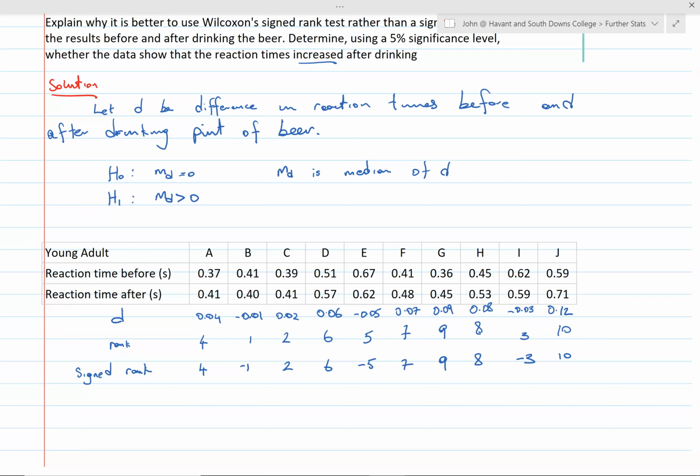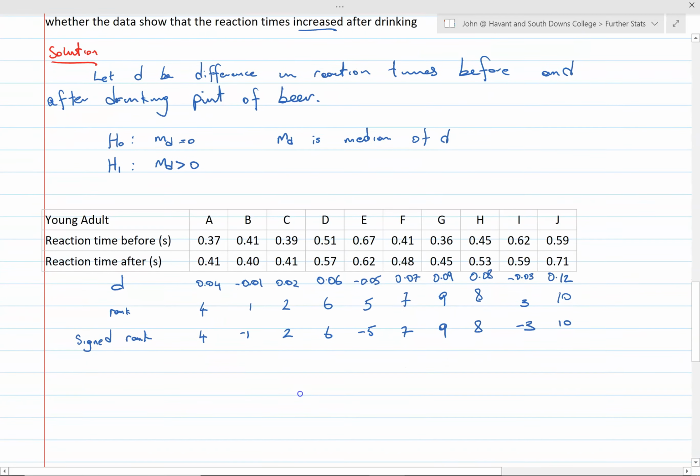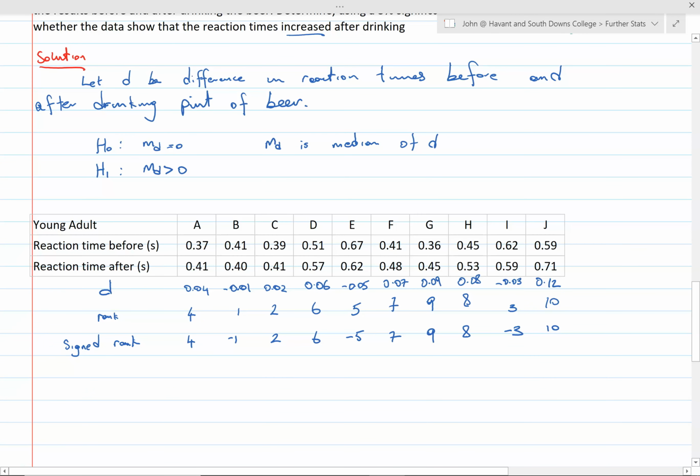So, right, here we go. Remember that this process is certainly from this point described in the formula sheet for OCR. W plus is the sum of the positive ranks, so that's 4 plus 2 plus 6 plus 7 plus 9 plus 8 plus 10, and that is pretty big, 46.